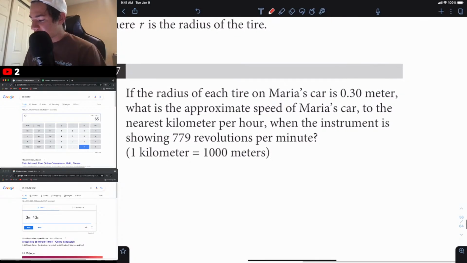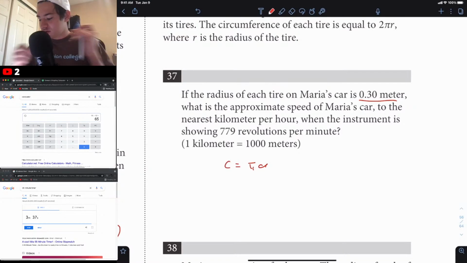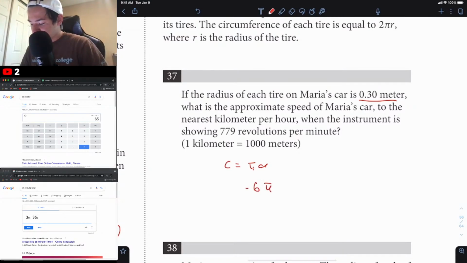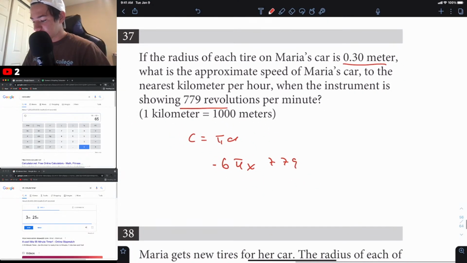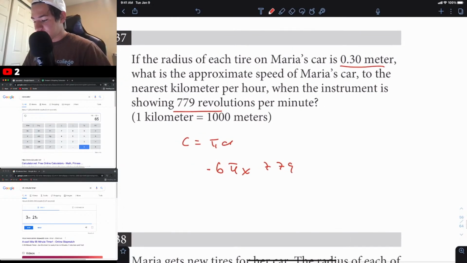Okay, that's fine. So 0.3 meter radius, we need to find the circumference, which is pi times the diameter. But diameter here is 0.6. So 0.6 pi. And then we're going to do 0.6 pi times 779, because that's going to be the number of meters per minute.